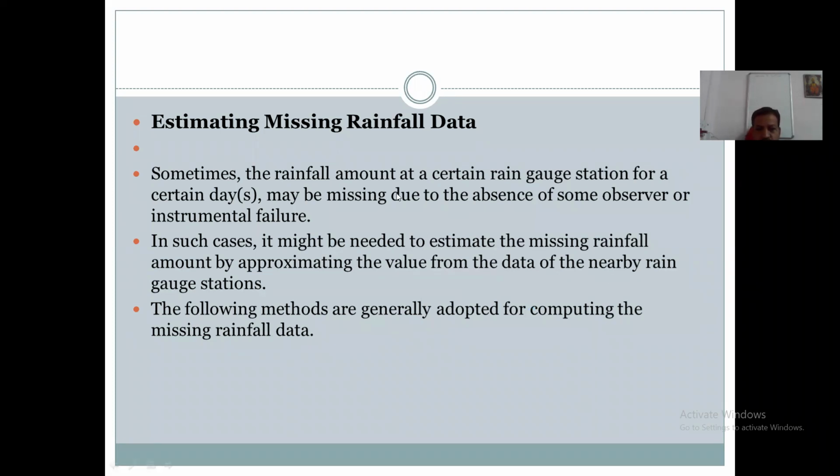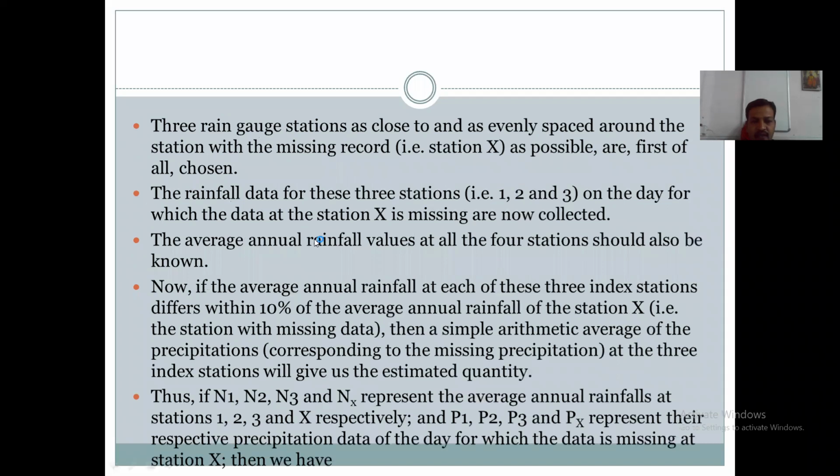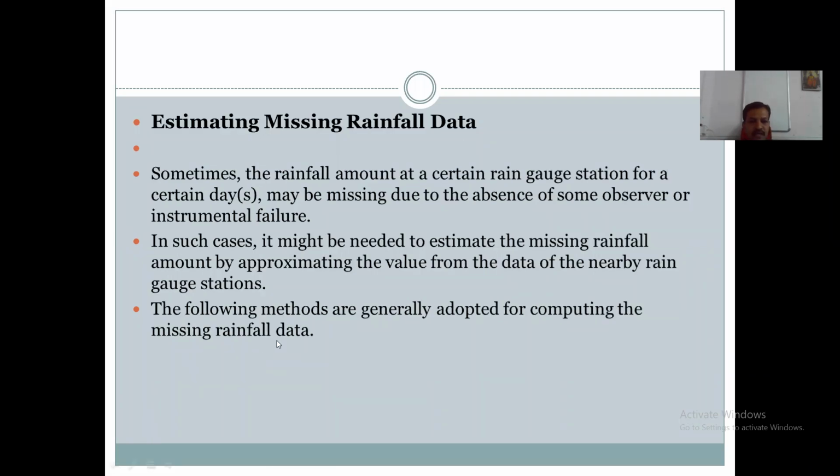So in that case, what measures are taken? What is the method to estimate the missing rainfall data?